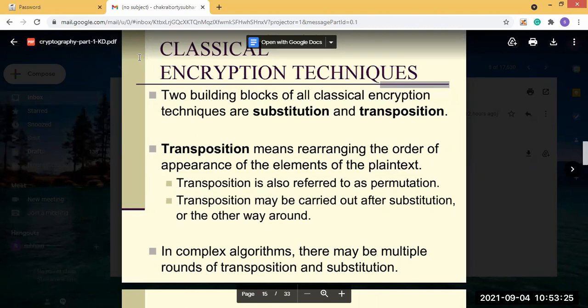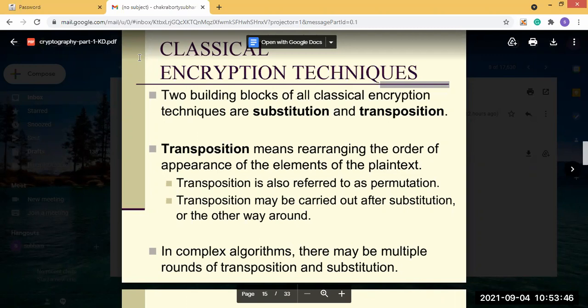Transposition may be carried out after the substitution or the other way around. That means after substitution the transposition can happen, or the transposition happens first and after that the substitution is done.